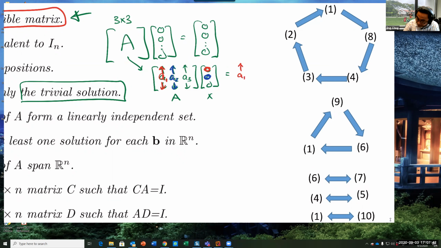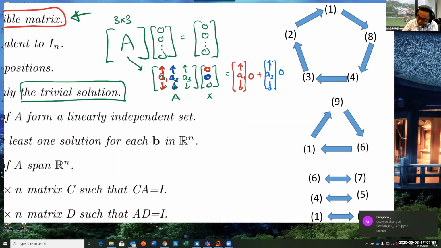A1 multiplied by 0, this whole vector multiplied by a scalar 0, plus the second one, A2, the whole vector multiplied by a 0. And then, of course, the green one, A3 multiplied by the last 0.